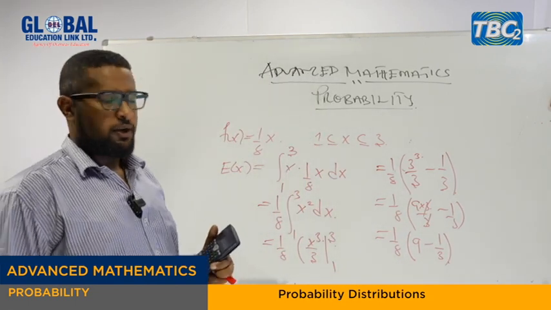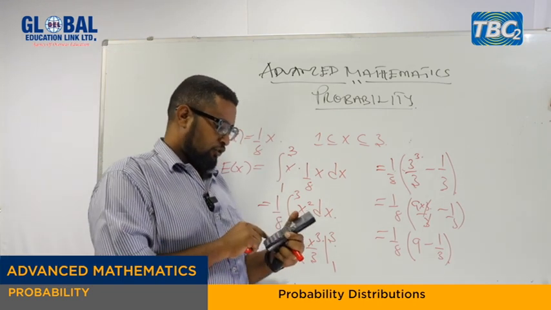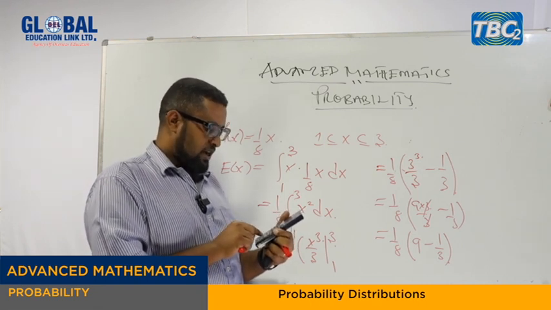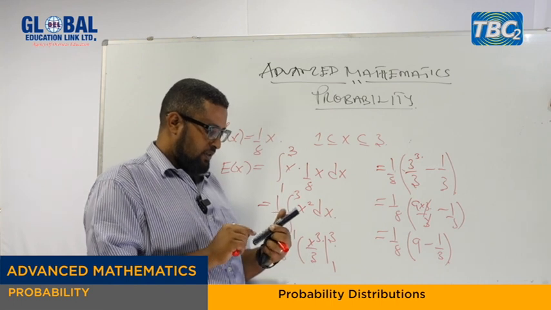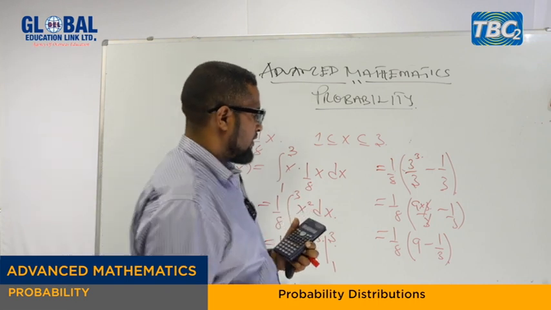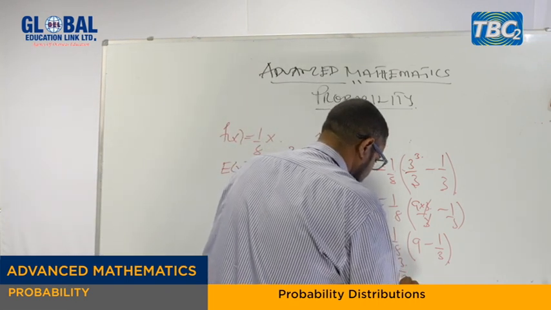Because you have a calculator, use your calculator to simplify that part. So you will end up having 13 over 12.